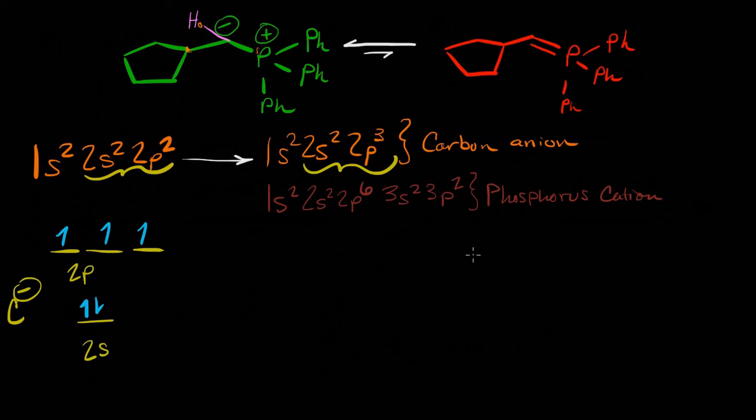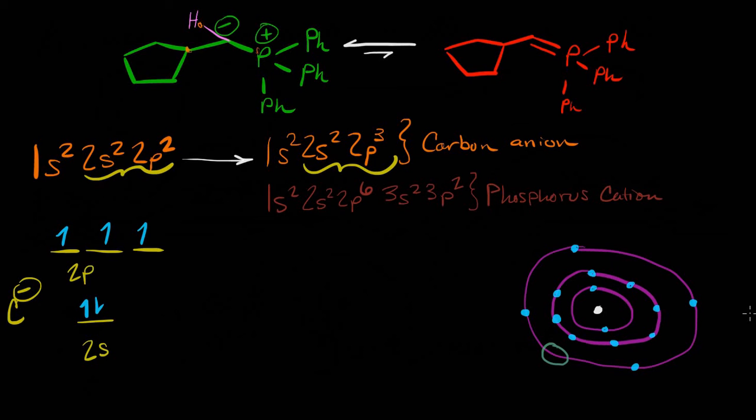So looking at the same kind of thing, like if I had a diagram, now looking at the phosphorus diagram as a cation, we have a similar thing, but what we're mostly focused on is this circled area. In our 3 shell, we should have 2 electrons from the 3s2, maybe that electron or that electron, it doesn't matter.